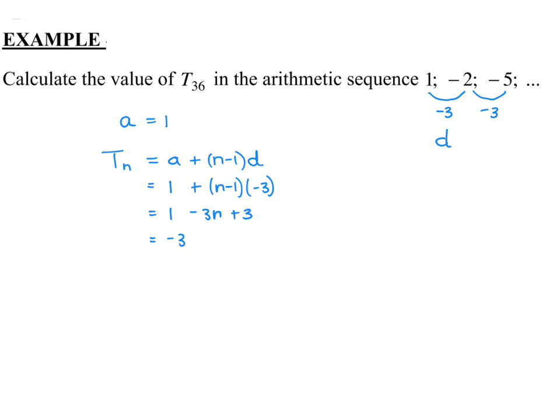So the formula is minus 3n plus 4. To determine term 36, you just replace n with 36. So that's equal to minus 3 times 36 plus 4. Use your calculator and you get minus 104.